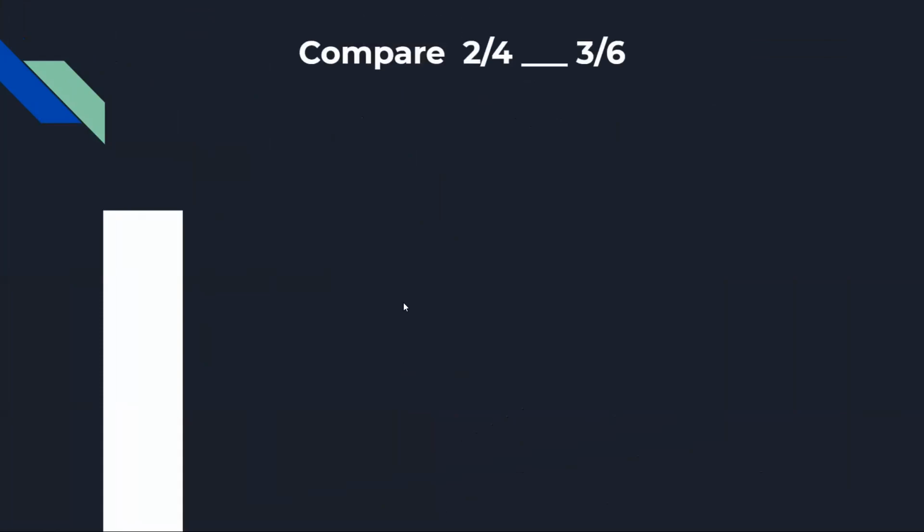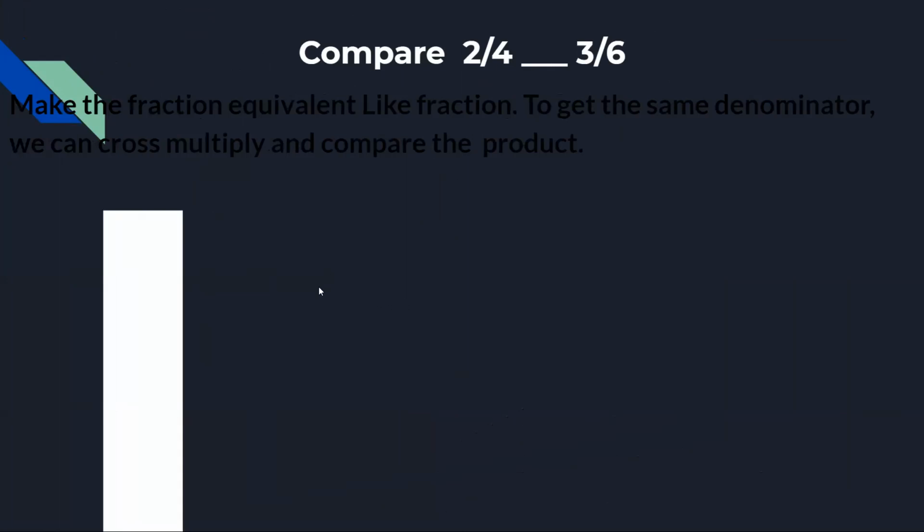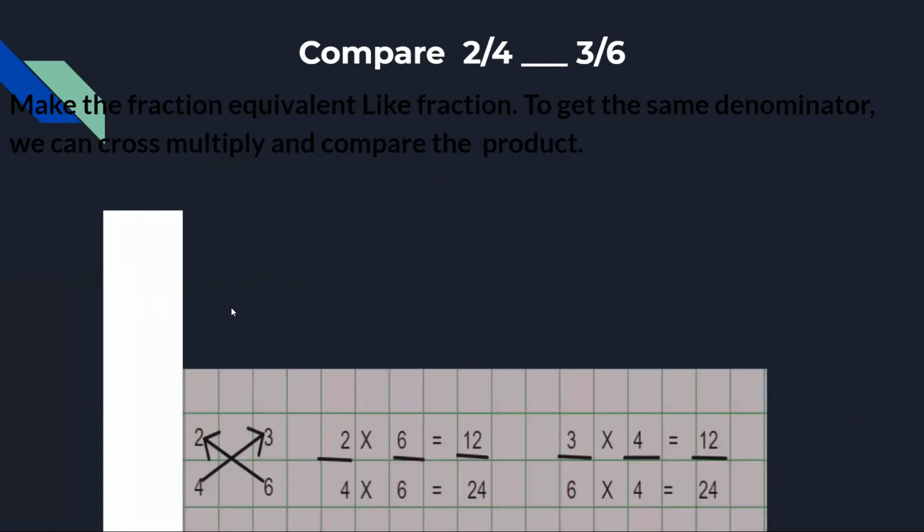Now we will compare 2 upon 4 and 3 upon 6. These are not like fractions. So which rule applies? Make the fractions into equivalent like fractions. To get the same denominator, we can cross multiply and compare the products.